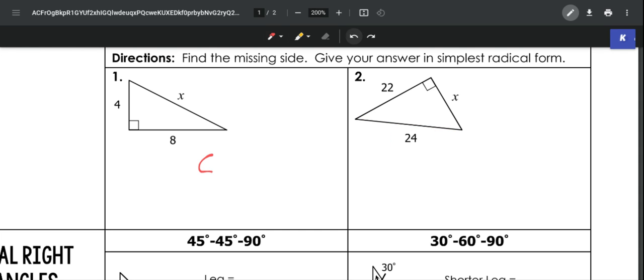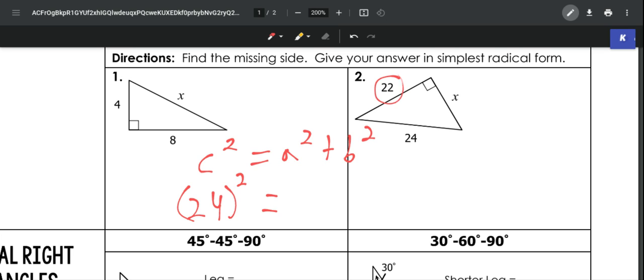So if we set this up, we're going to have c squared is equal to a squared plus b squared. Now we're given 24 as c, so we'll have 24 squared equal to, and it doesn't really matter if you use 22 as a or b. I think technically it's b, so this would be x squared, or a squared, plus 22 squared, because that is b squared.